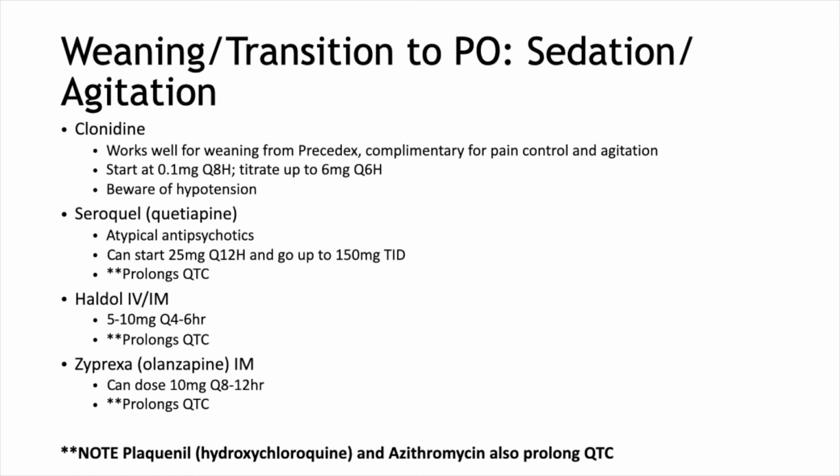Doesn't matter which way. If they're tolerating Precedex, they most likely will tolerate the addition of that clonidine, but you can always put holding parameters for your systolic blood pressure. And then you increase the clonidine as you decrease the Precedex. And then typically patients are able to transition off that Precedex drip pretty rapidly.